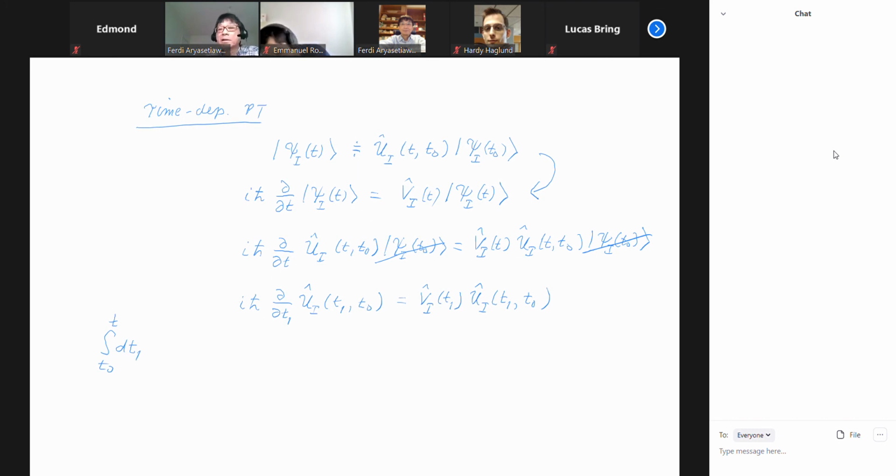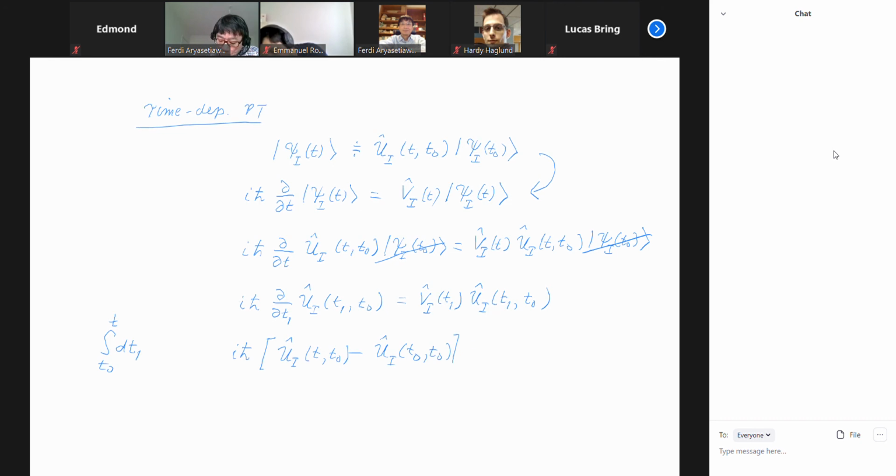The left-hand side is just a first order differential, so that gives me immediately the solution, U_I(t, t0) minus U_I(t0, t0).